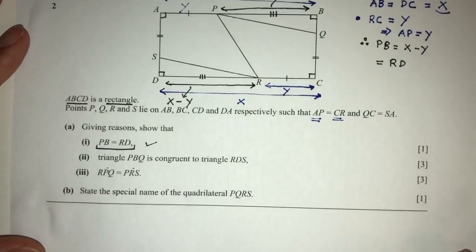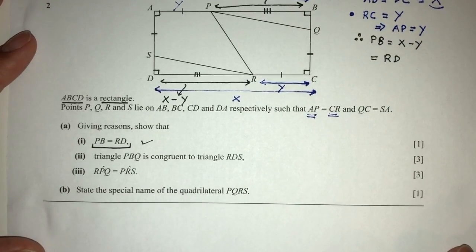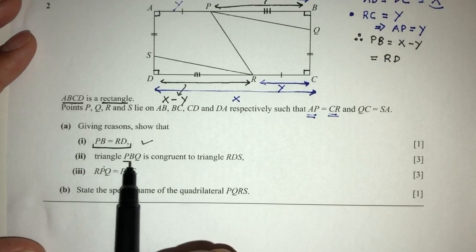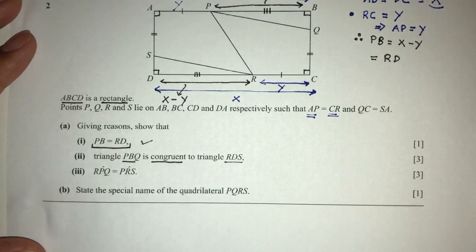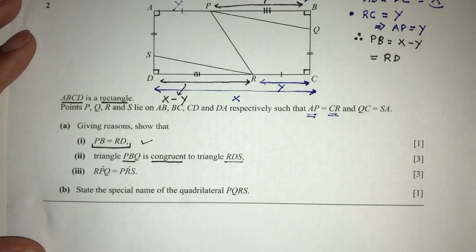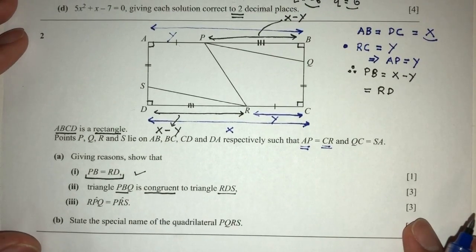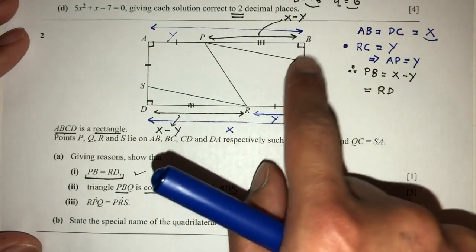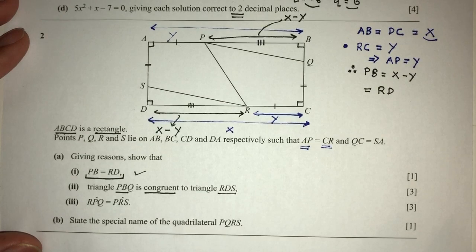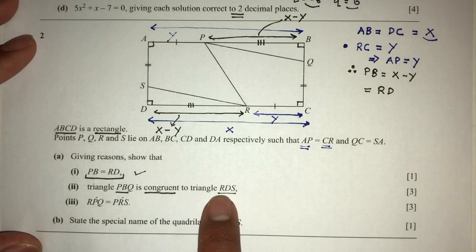Okay. Now for part 2, we have to show the triangle PBQ is congruent to triangle RDS. So let's first locate those two triangles. So where's triangle PBQ? PBQ is this one, okay? And then we have triangle RDS.